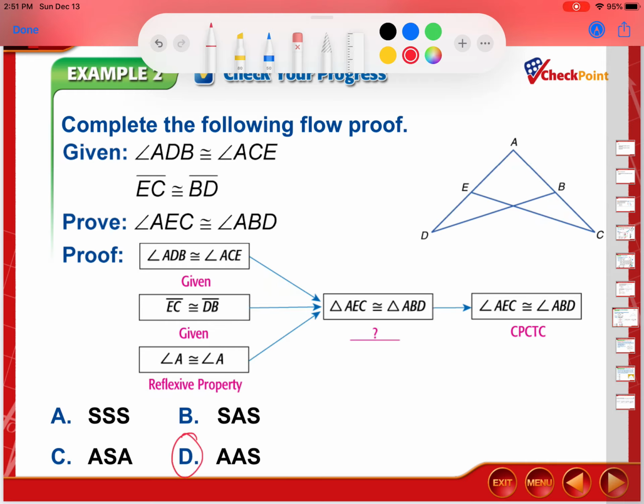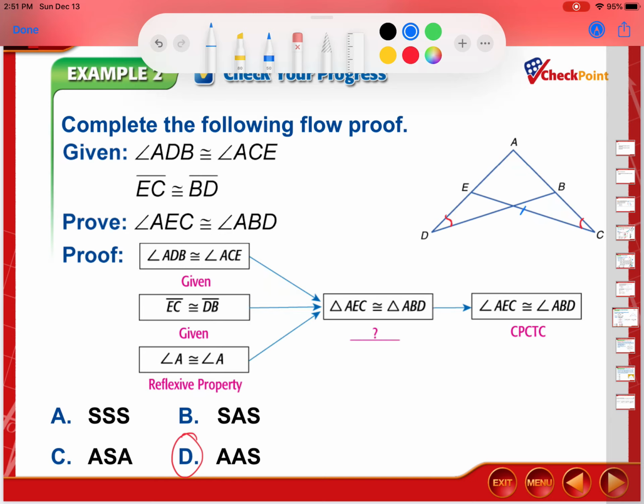So, here's our next example, which is another flow proof, which we love. Just pro tip. Since we just talked about angle, side, I can almost guarantee that's going to be the answer right here, but let's actually look at it. So let's start off. We're given that angle ADB is congruent to angle ACE.